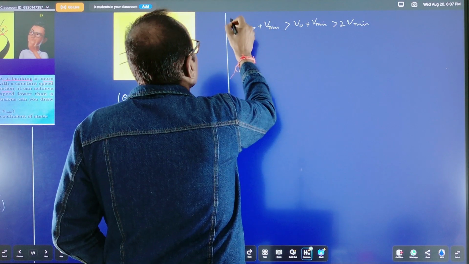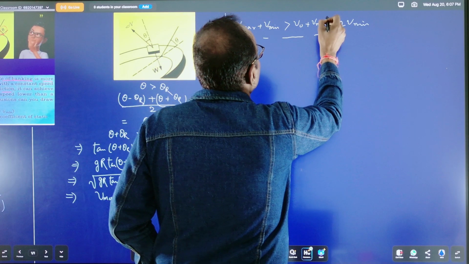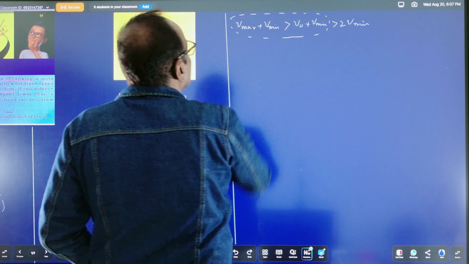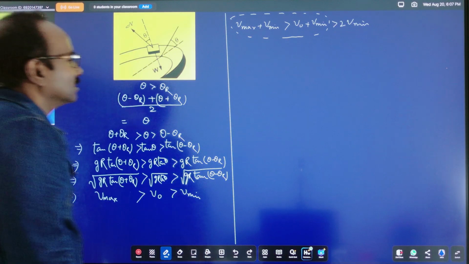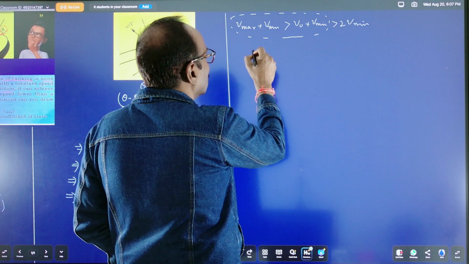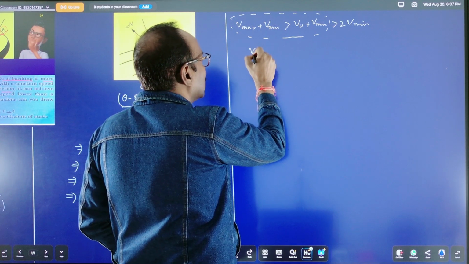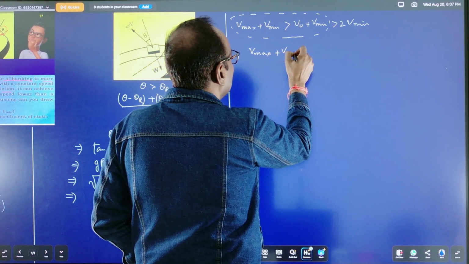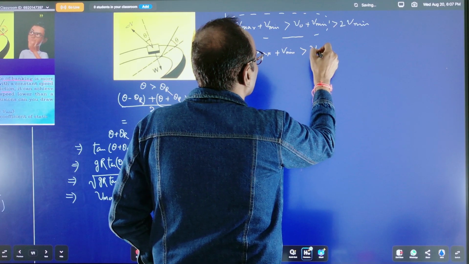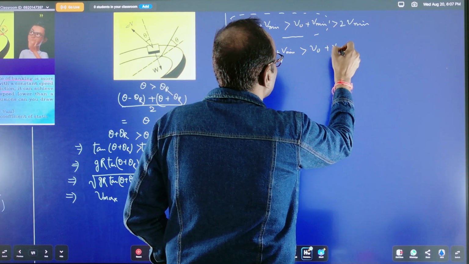Now if you take these two terms and try to evaluate, your V max plus V minimum, V naught plus V minimum.